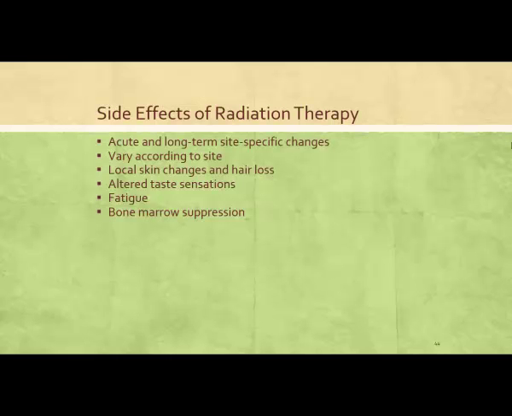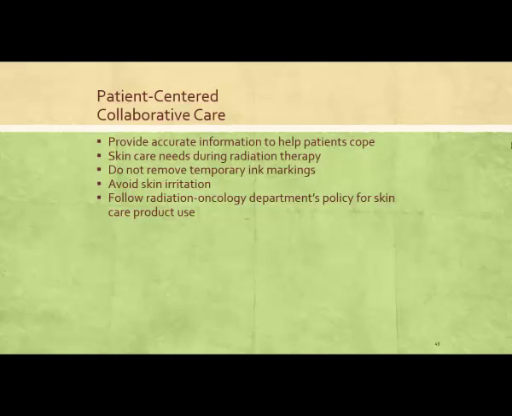Because any form of radiation can damage and mutate normal cells and normal cells' DNA, radiation therapy does cause an increased risk of secondary malignancies. But again, each person reacts differently, so we want to provide some straightforward basic education to all of our patients. Some of the things that your book talks about with patient-centered collaborative care are listed out on this slide.